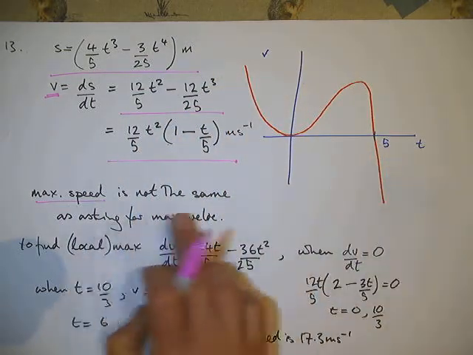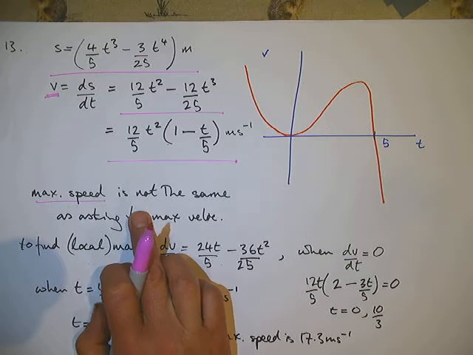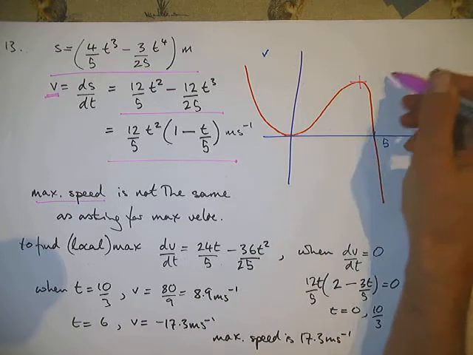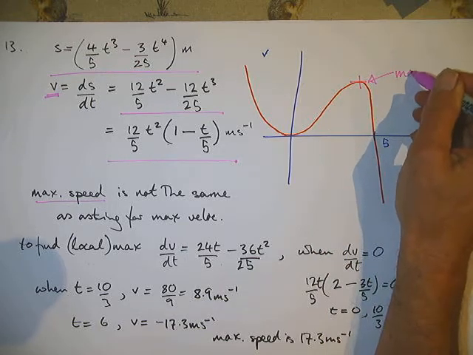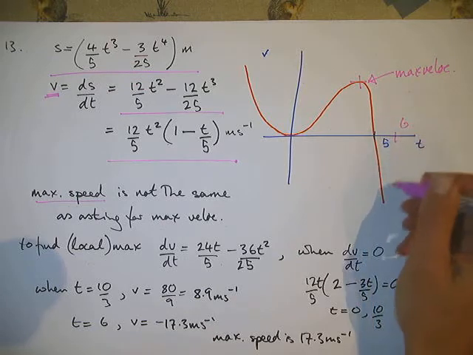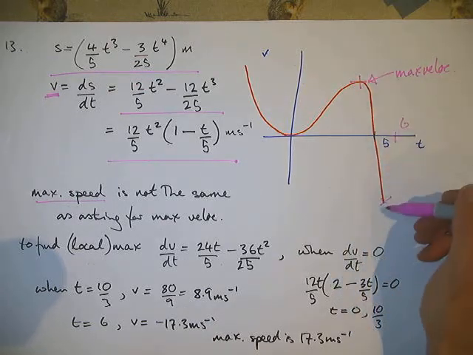Right. The maximum speed in the first 6 seconds, well, the maximum velocity has to be this point. That's the point of the maximum velocity. But that point or that point could be the maximum speed.